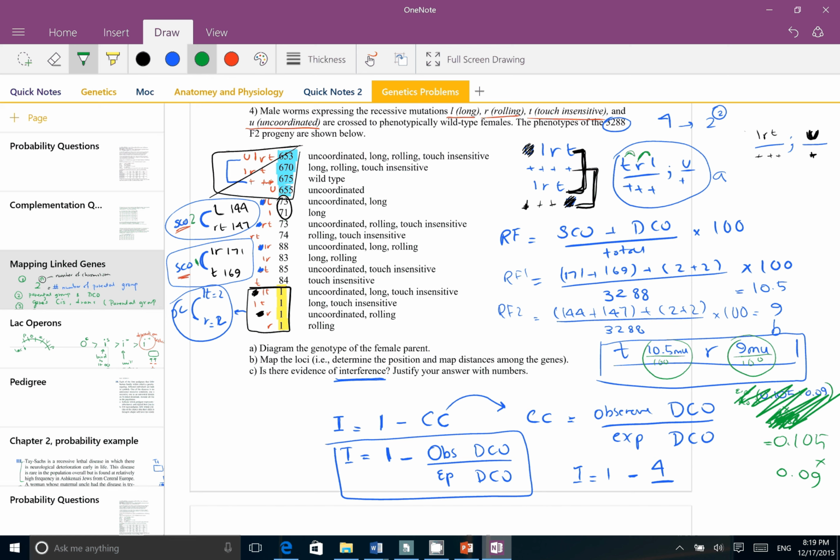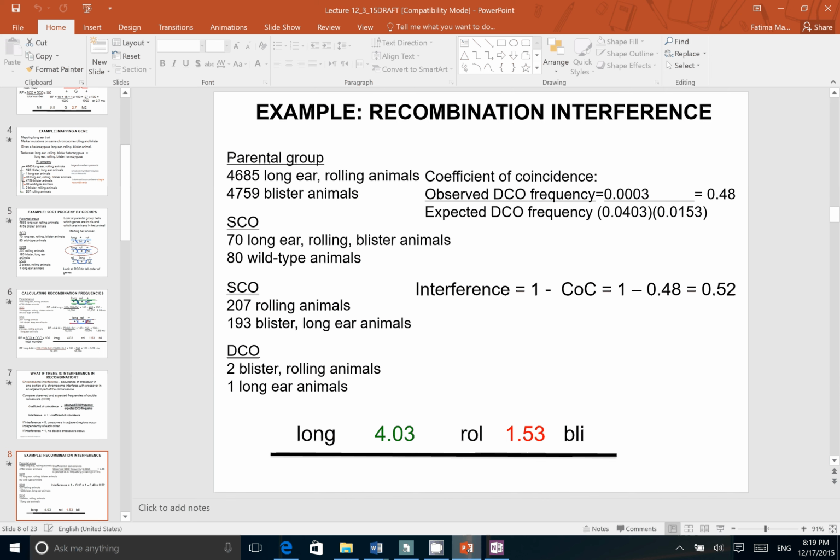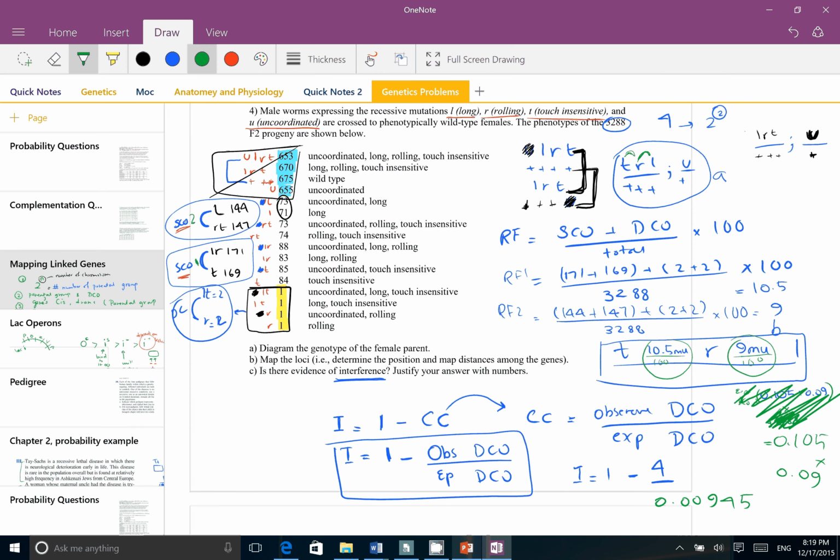It's 0.00945. Just double check. And then this 4 is actually supposed to be divided by 100. So I really apologize.